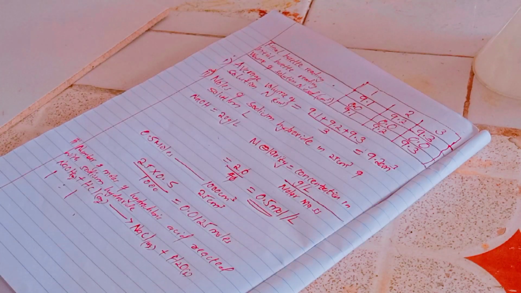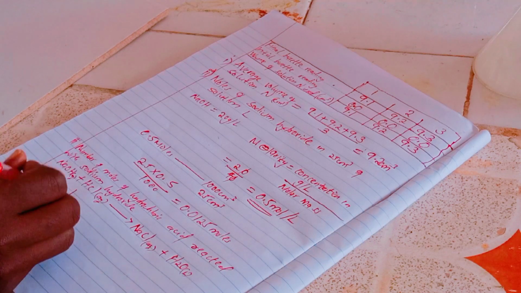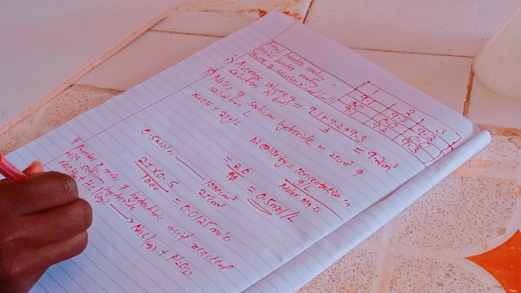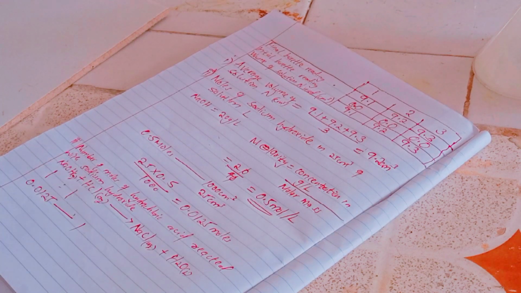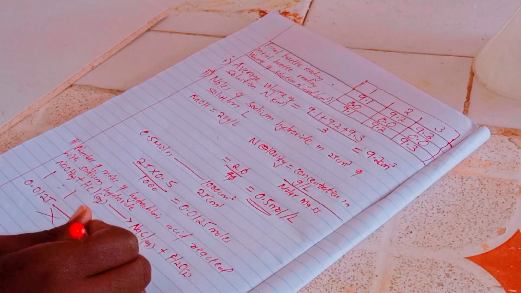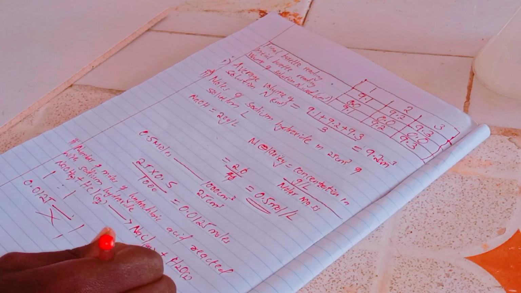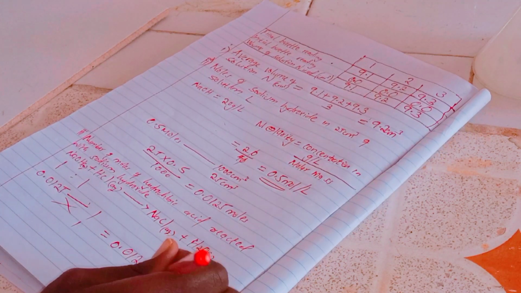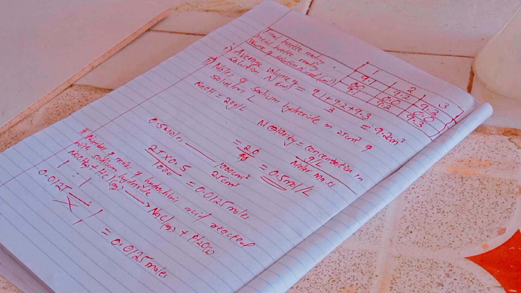So if the number of moles obtained was 0.0125, then with ratio 1:1 the number of moles remains the same. So the number of moles of hydrochloric acid reacted was 0.0125.